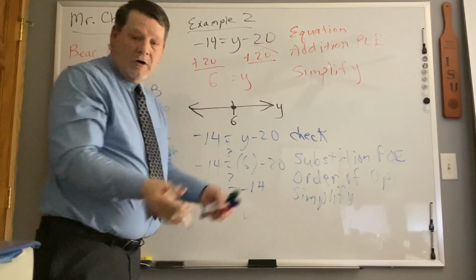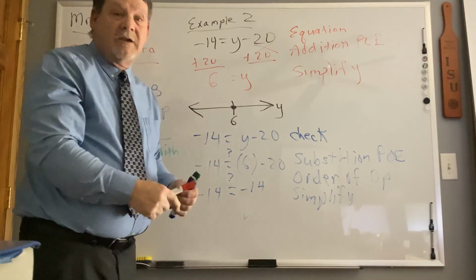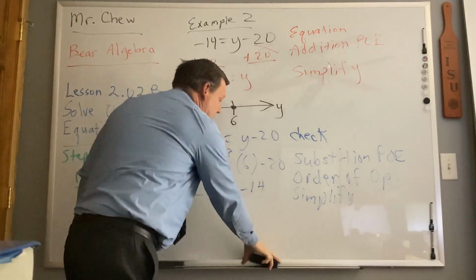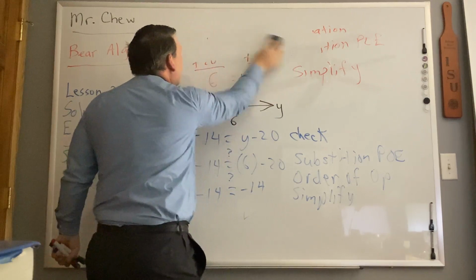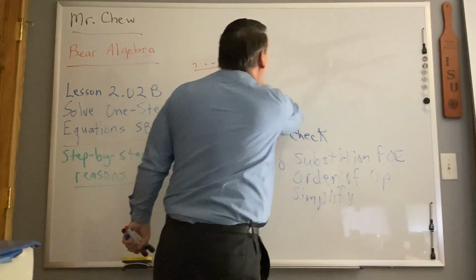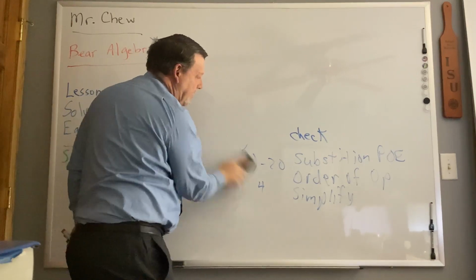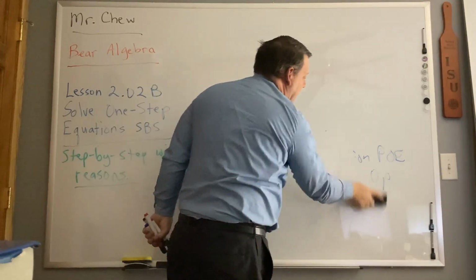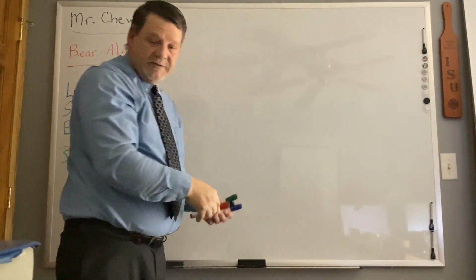So those are all the steps in the one-step equations. Now they get harder, and we keep adding to this when we get to our two-steps. You can always pause the video if you need to see what I've written up here, because I try to get everything done in a less than 10-minute video in most cases. It's just easier for me to post and know that it's going to be less than 10.